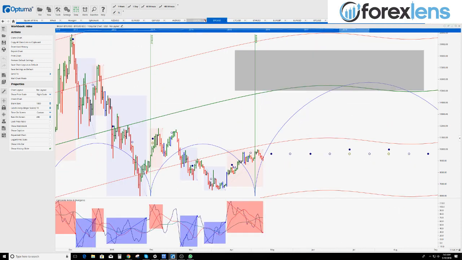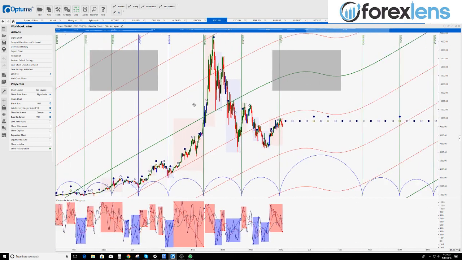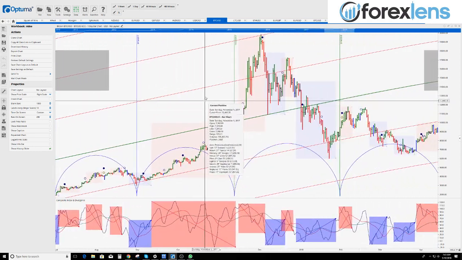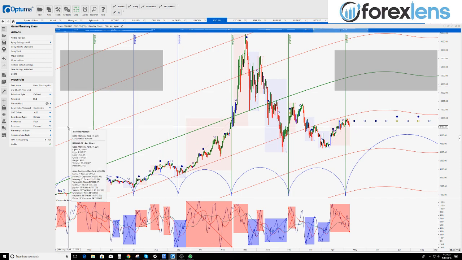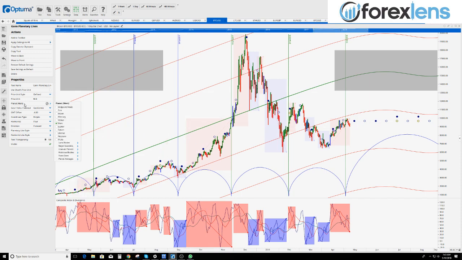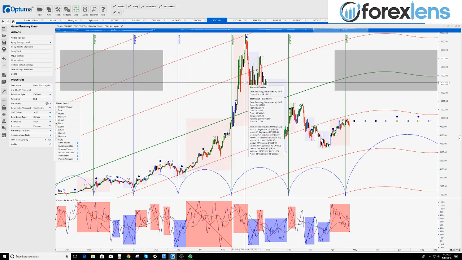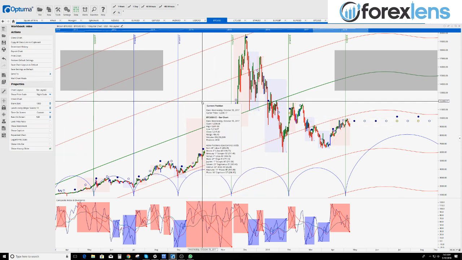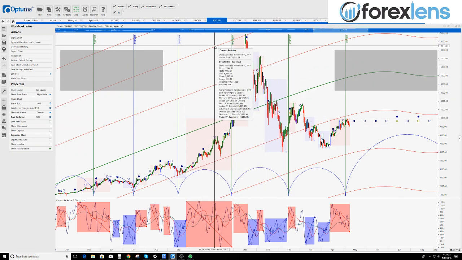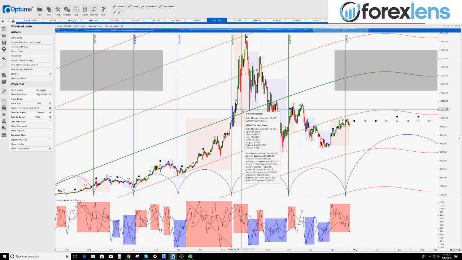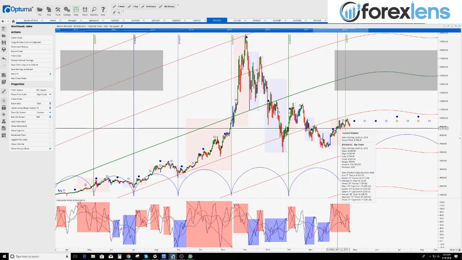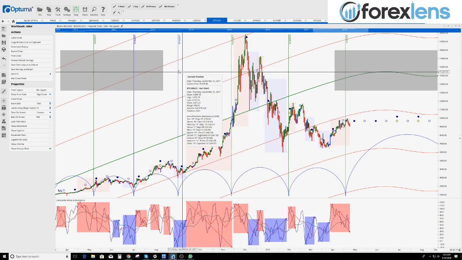Bitcoin, this is Bitcoin's chart. All right, now Bitcoin is very, very sensitive to the Mars planetary line. It is very, very tight and very orderly how Bitcoin trades off of the line of Mars.